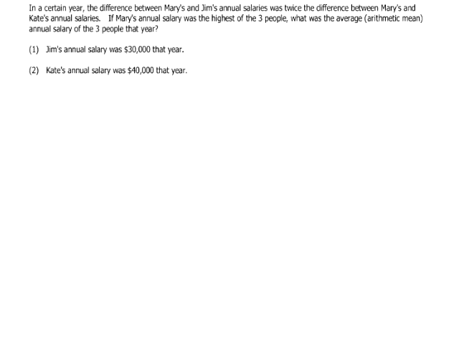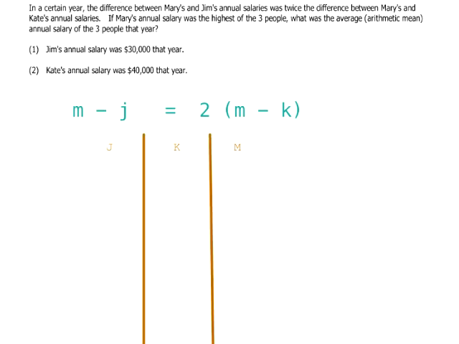Here's the problem again. Here's the equation that we figured out. So you can just make a table: Jim, Kate, Mary. And then for the two statements, remember the goal is to try to get two different numbers in there.